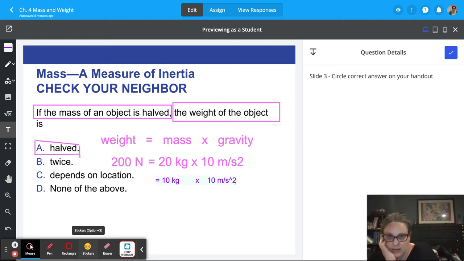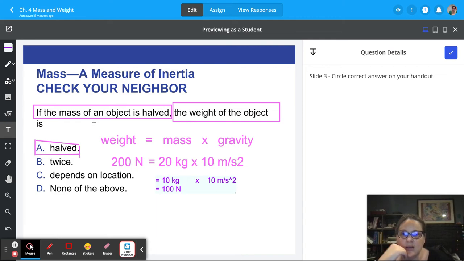And then that would give us a value of 10 times 10 is 100. 100 newtons would be the weight. So if the mass of an object is halved, 20 becomes 10. The weight of the object is also halved. Okay, so the correct answer would be A.